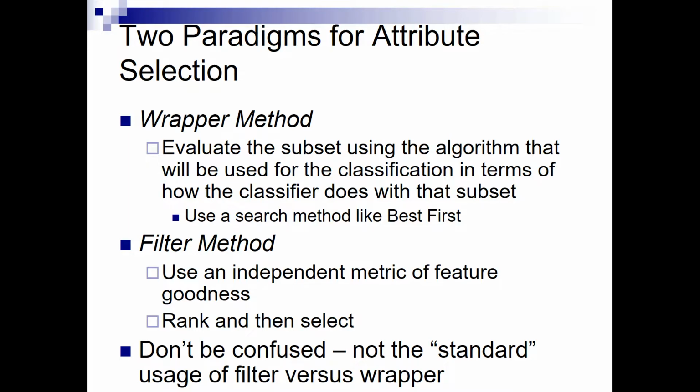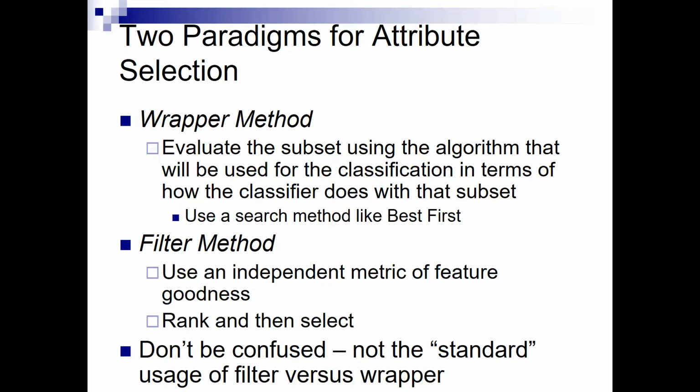The wrapper method is the method that uses a classifier of some kind, which could be a very simple classifier, but what it actually does is evaluate subsets of features. In the limit, if we were doing an exhaustive search, it would have to evaluate how good each subset of features is out of your entire set, which would take a very long time.